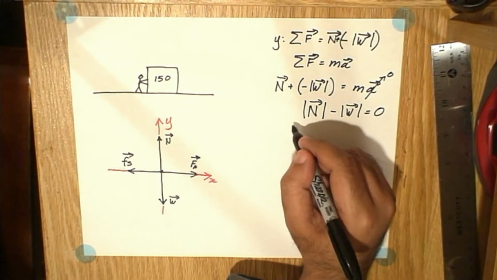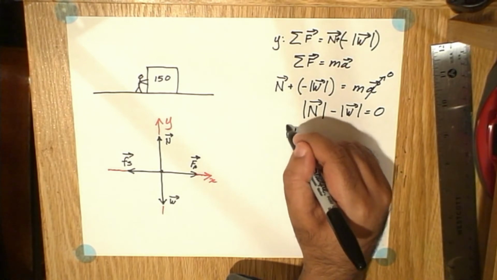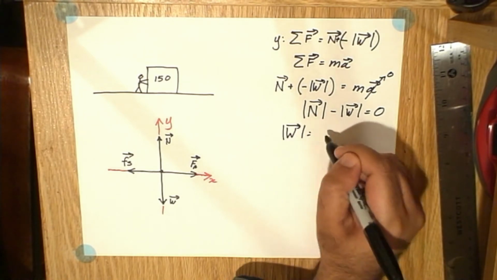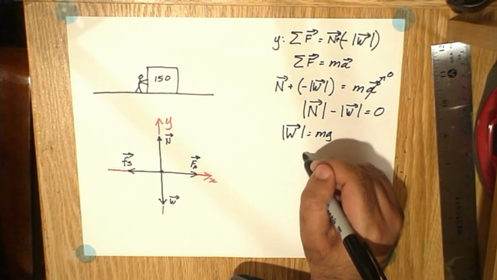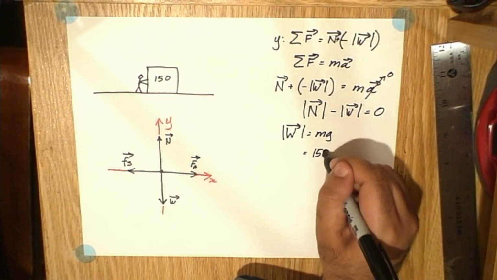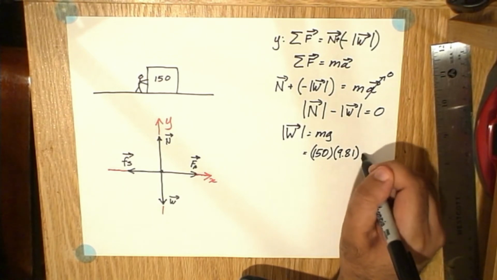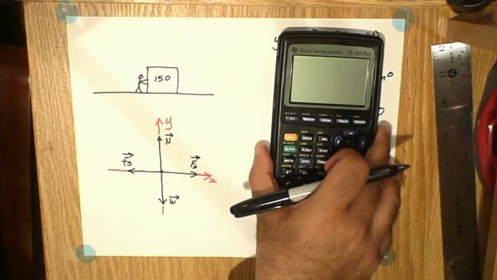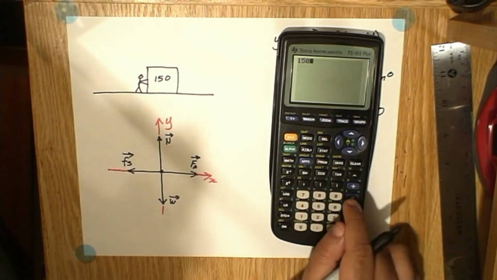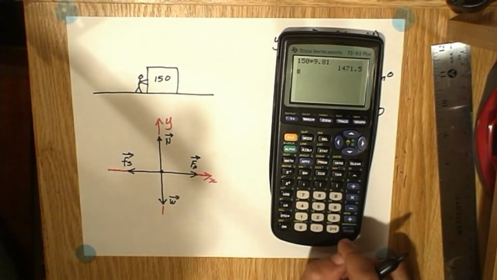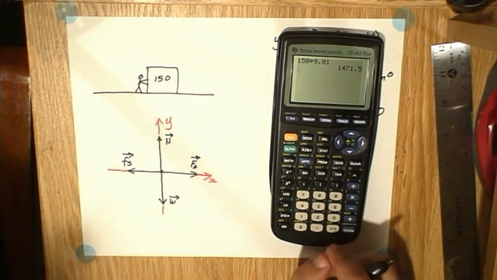Okay, so what is the weight of this box? The weight of the box is given by mg. That's 150 times 9.81, which works out to 1471.5.